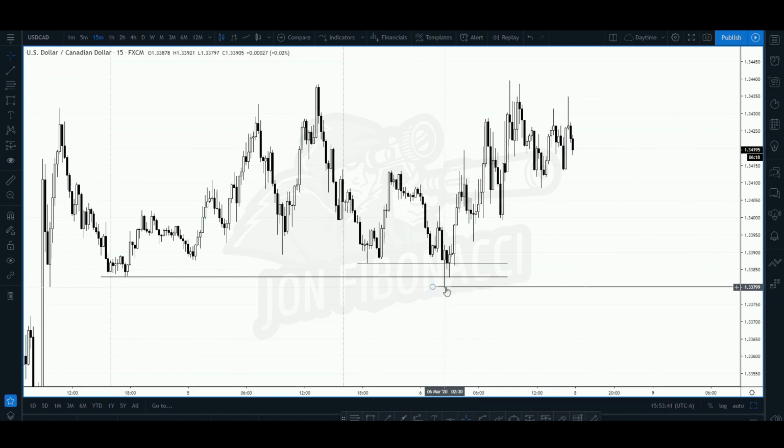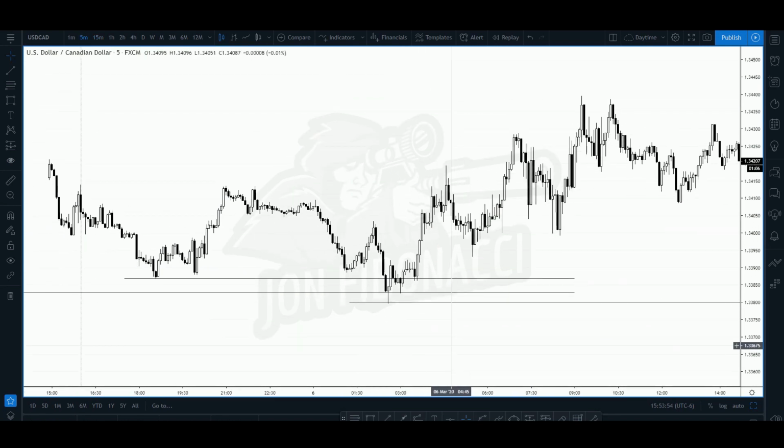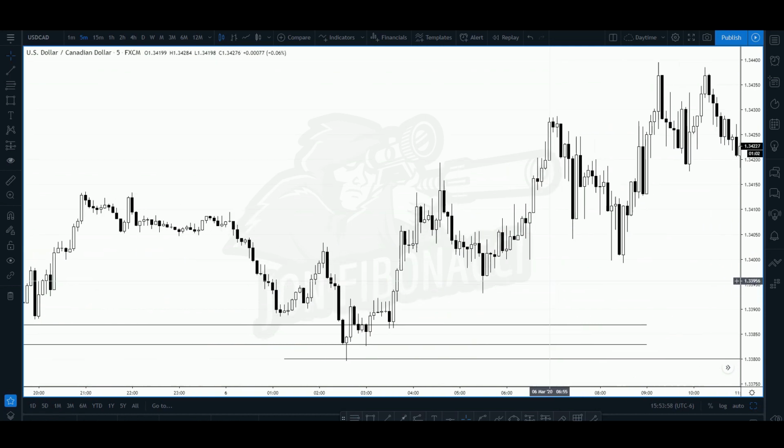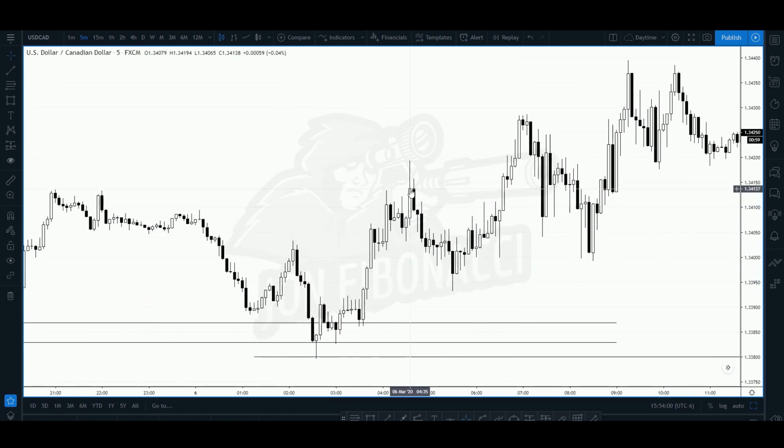I didn't place the trade off of the 80 level, but I wanted to be aware of it, because the liquidity was taken on both and we got a sharp reaction from that. So I actually based my trade off of the 5 minute, even though I didn't wait for the market to show us bullishness. I assumed this wick down to 80, and it ran a little bit away from that.